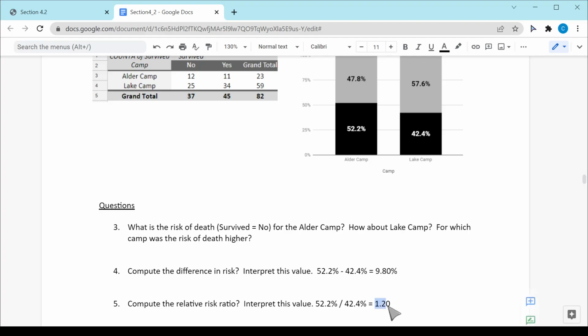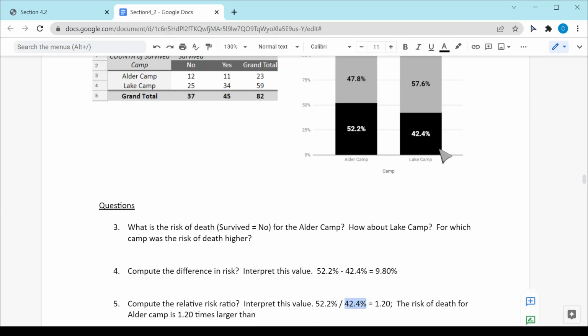Now this, again, is not a percent like we talked in class. Because it's a ratio, the units actually cancel each other out. So the interpretation here is the 52% is in the numerator, so that's Alder camp. So we would say the risk of death for Alder camp is 1.2 times larger than whatever you have in the denominator.